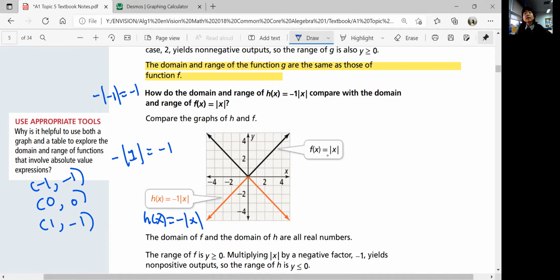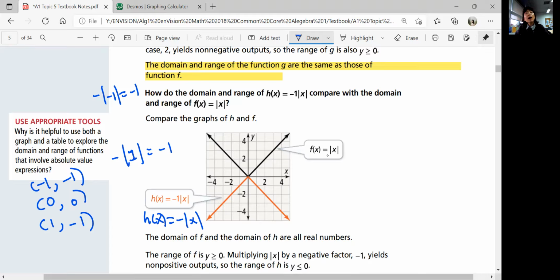So then everything is flipped. It's a reflection on the x-axis. How do the domain and the range change? Domain would still be all real numbers. X could be any number, right? You can plug in any numbers.